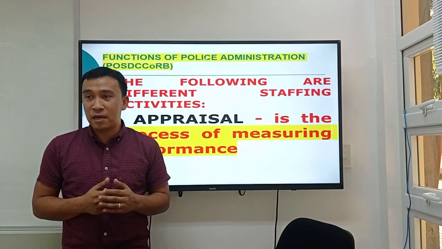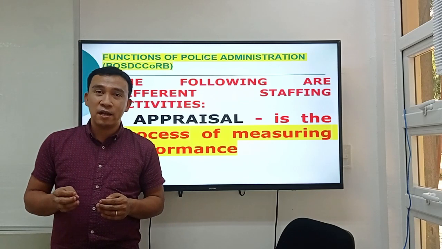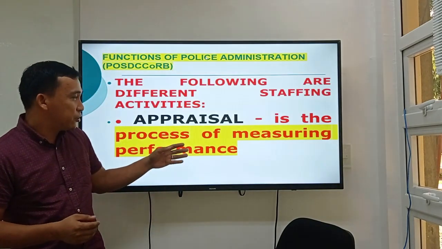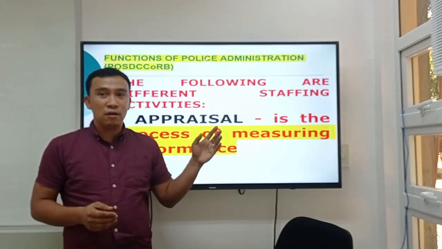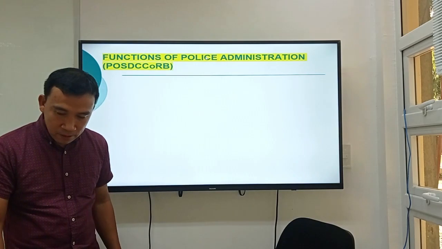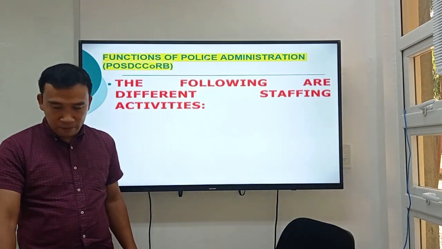Or mas kilala bilang performance evaluation. Okay? It is the process of measuring the performance of every police member. Okay, next.